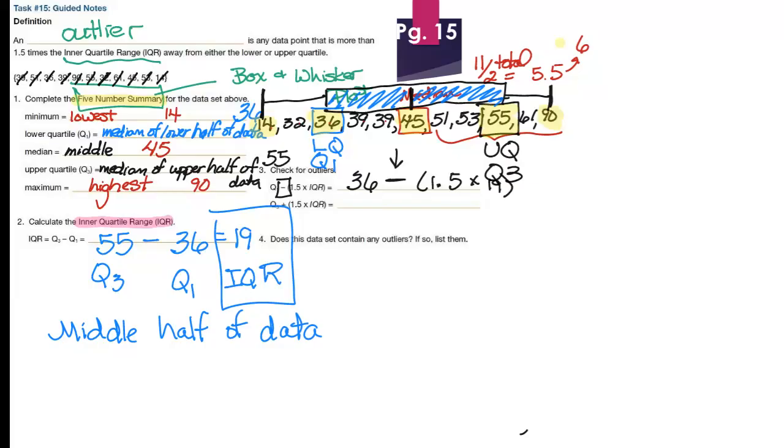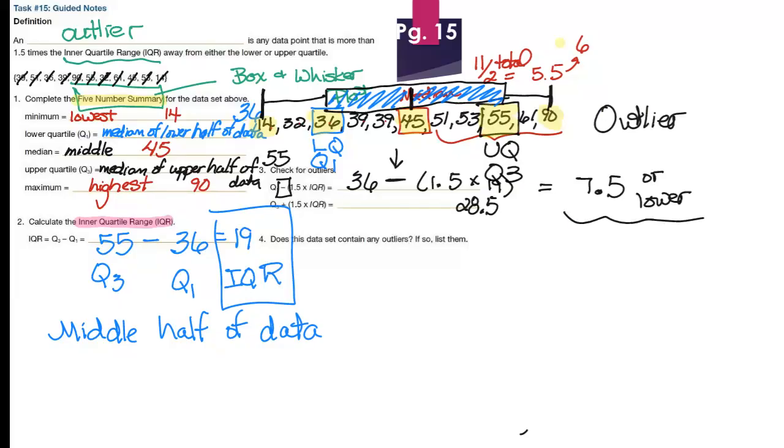So 1.5 times 19 should be like 28.5. And then 36 minus that amount should be 7.5. So if you are at 7.5 or lower, then you are going to be an outlier.